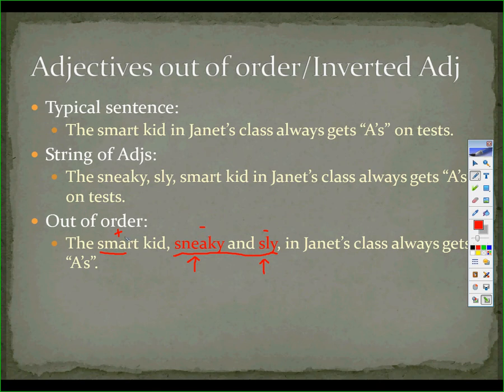If smart were neutral, like the tall kid, where tall doesn't have any connotation, it's simply a fact, then definitely the words that have a connotation, like sneaky and sly, would be the ones emphasized if you move them after the noun.